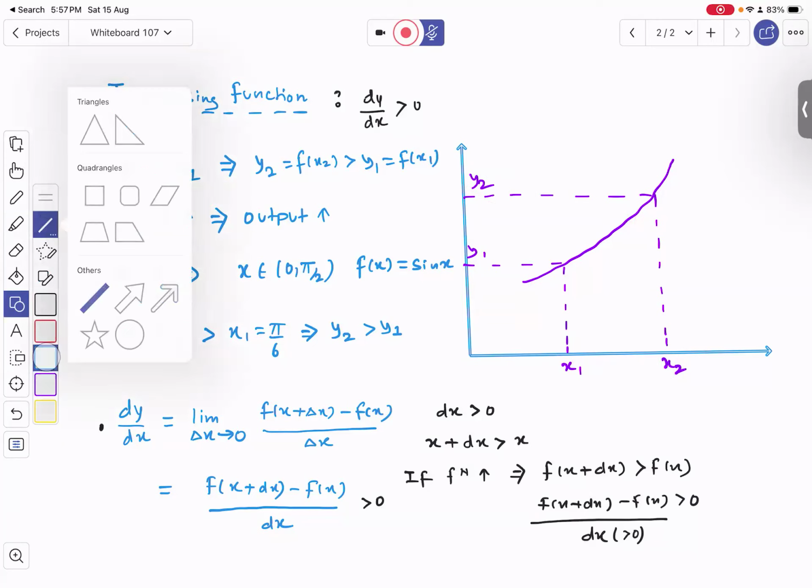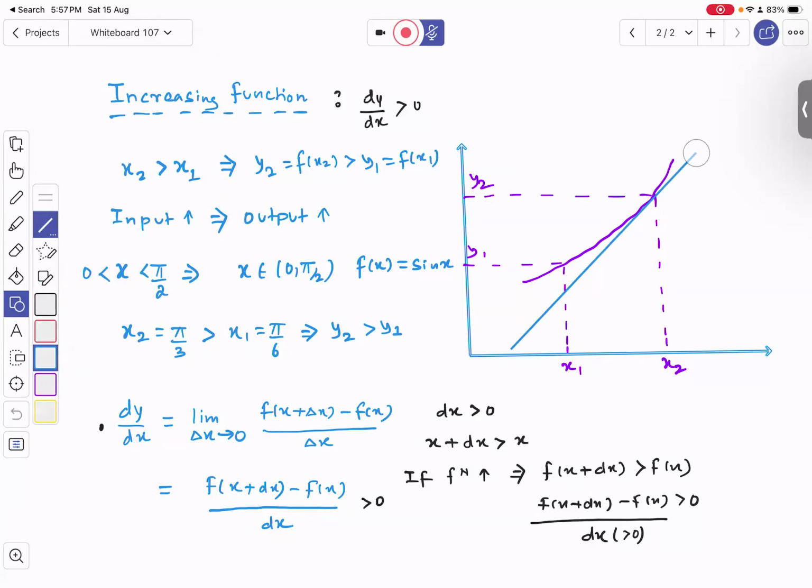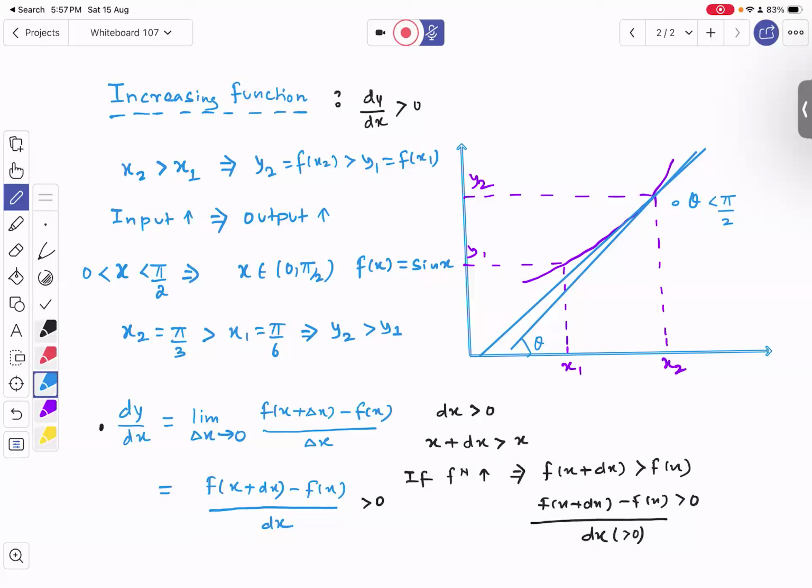And if I draw a tangent anywhere, you can check what kind of angle the tangent is making. The angle made by the tangent everywhere is acute, is it not? Slope is one way to find dy by dx, another way to find the slope. So theta less than 90, tan theta is going to be positive, so slope positive. So dy by dx positive.